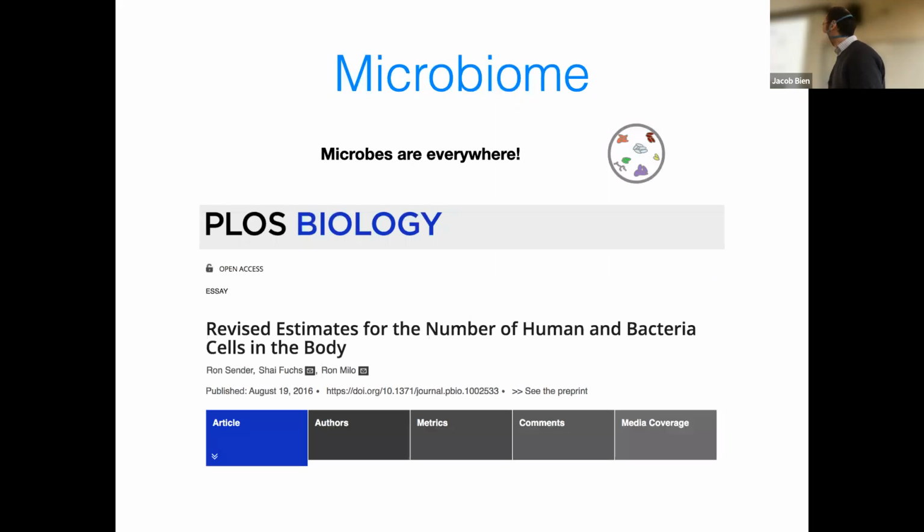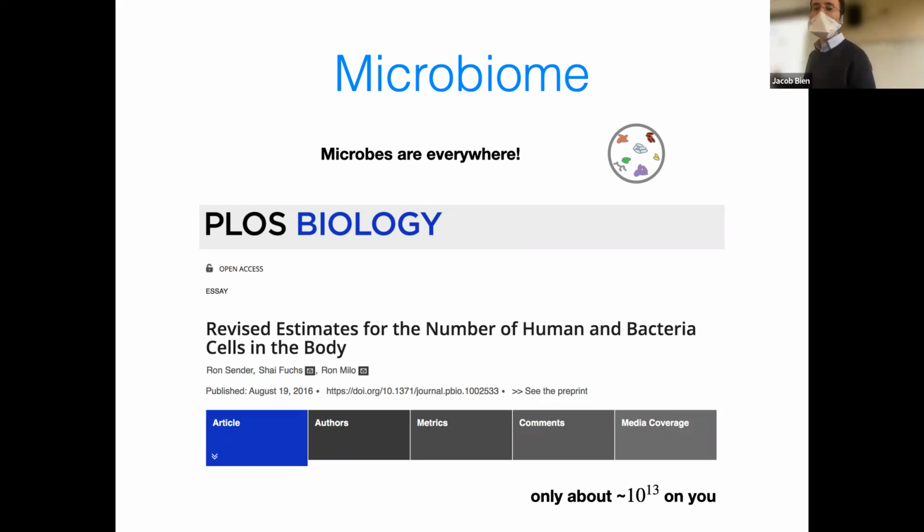And I enjoy this paper, which to me, the funny thing about it is it was stating that the estimate of how many of these microbes are in your gut was overstated. And so they were revising the number down to only about 10 to the 13. Which to me is still large enough.